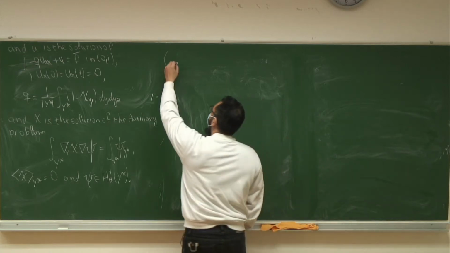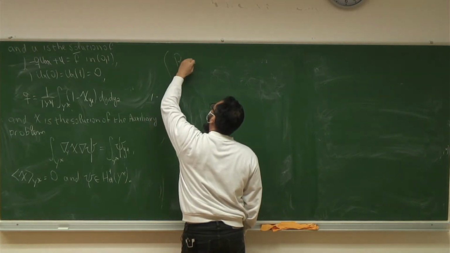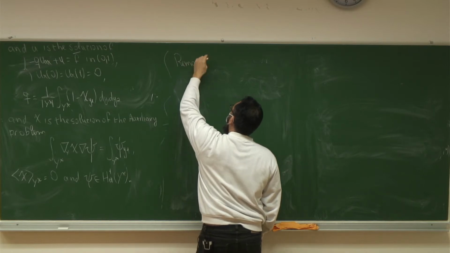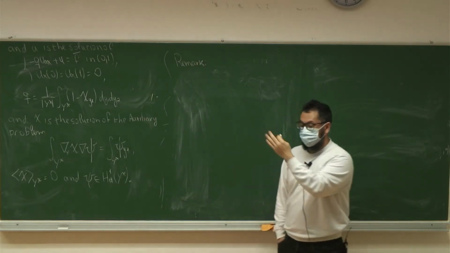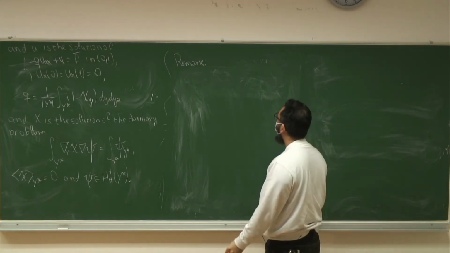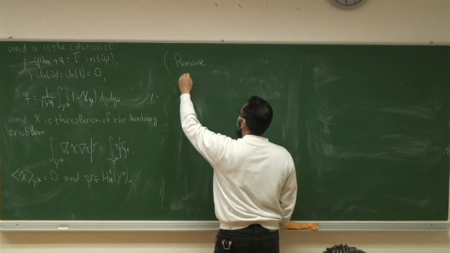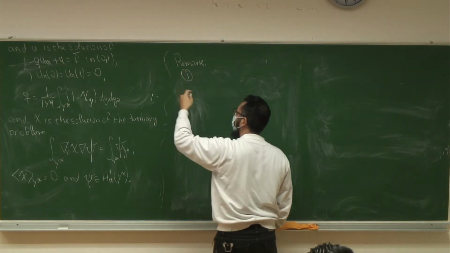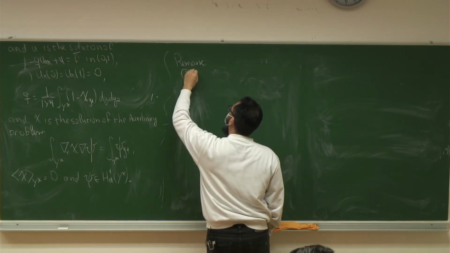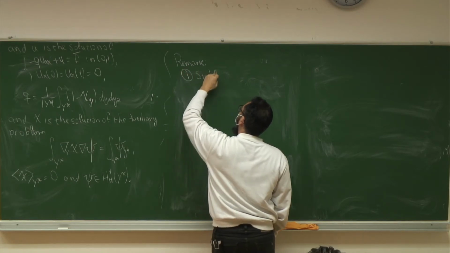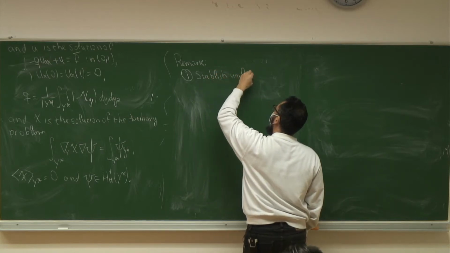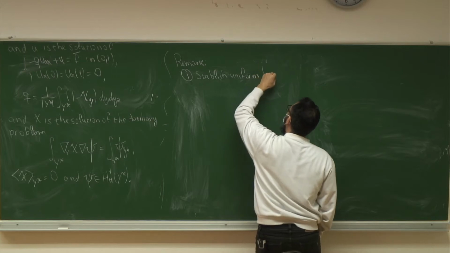So let me make a remark. Basically, once we have all this functional framework, very big, for sure, we have a sequence of steps that we might follow. First, we have to establish uniform bounds.